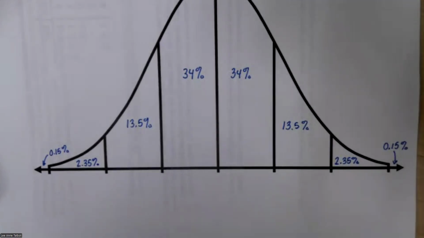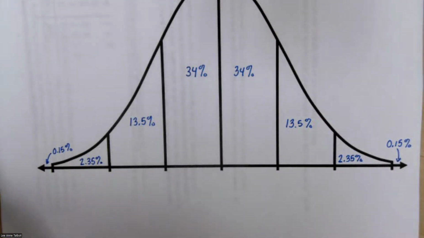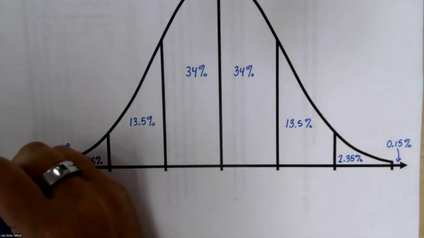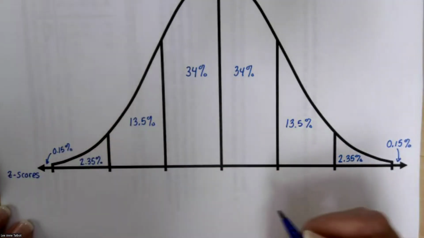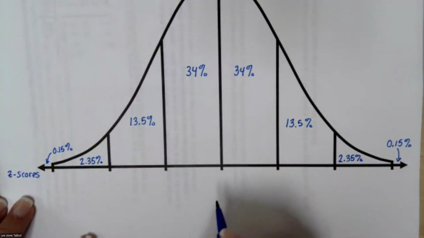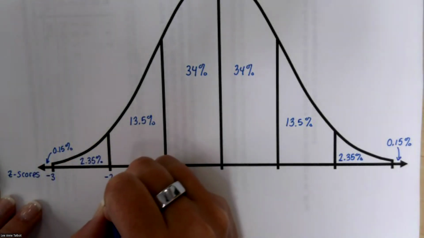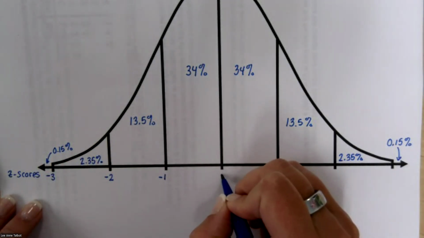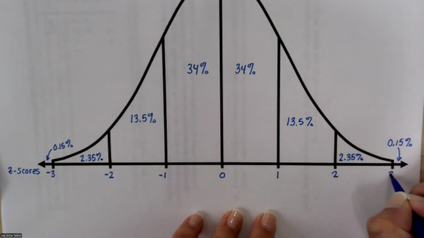Okay. The next thing we're going to do is label on the z-scores. So right over here, z-scores. -3, -2, -1, 0, 1, 2, 3.